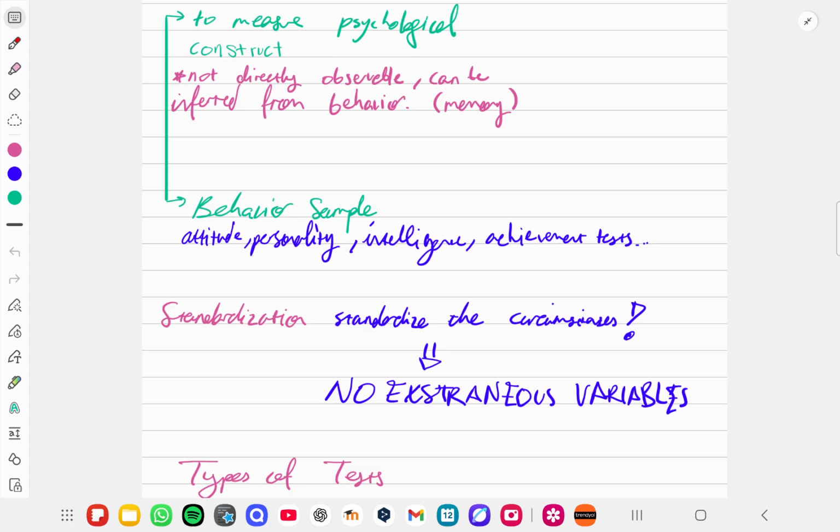You cannot really look into the memory of the person directly, but you can infer certain aspects of memory through looking at their behavior, looking at what they talk about, something that they remember, etc.